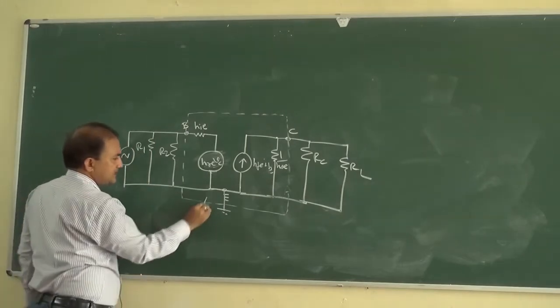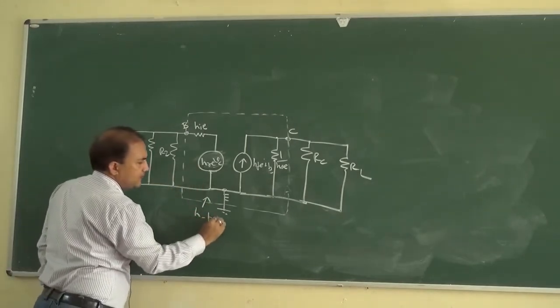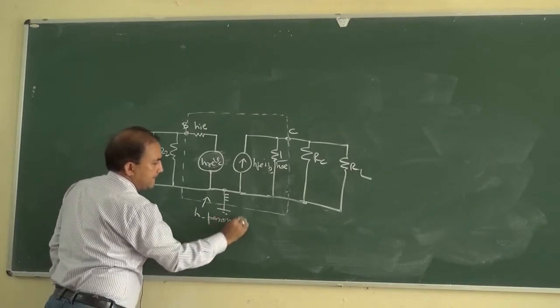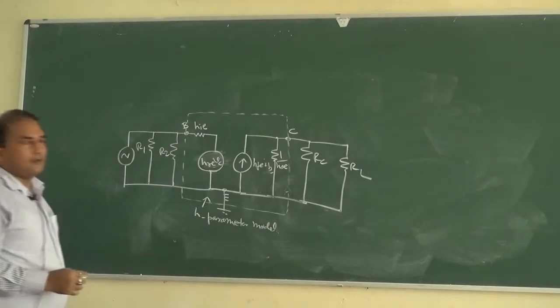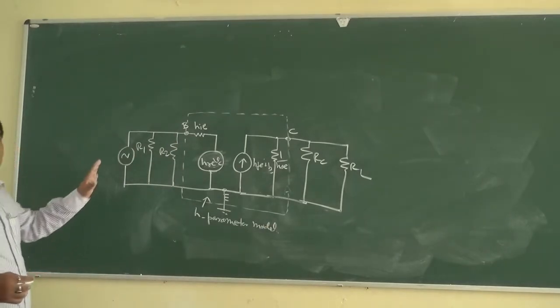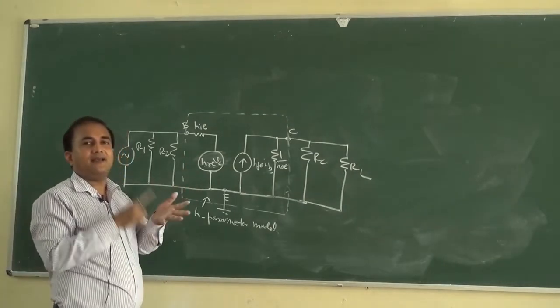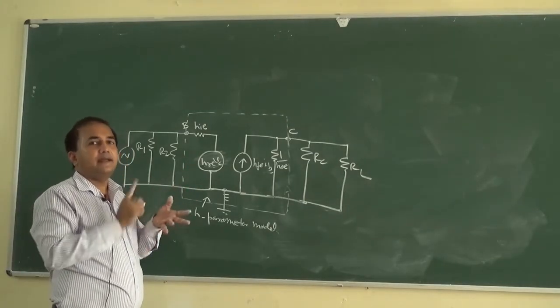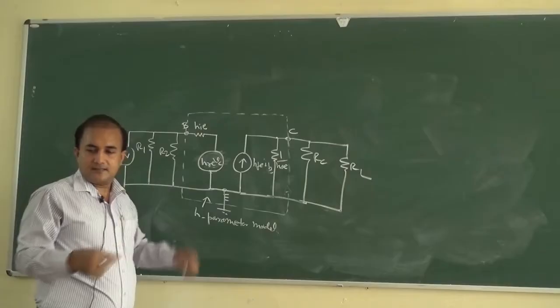This is the representation of the BJT in the H parameter model. From this circuit, how can we determine the various quantities, such as current gain, voltage gain, power gain, input impedance and output impedance?